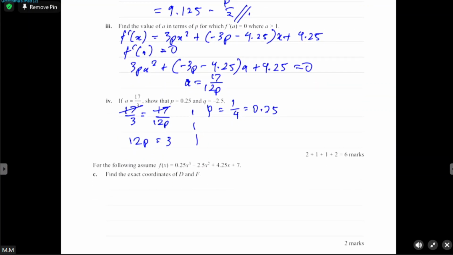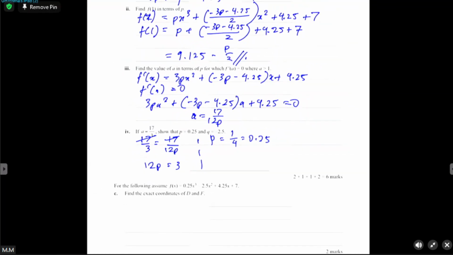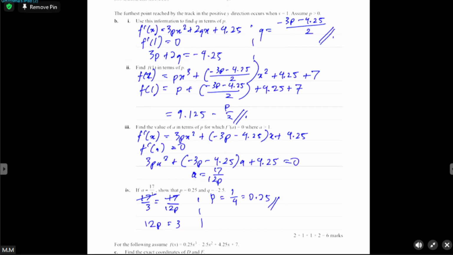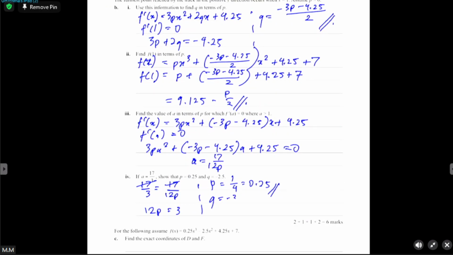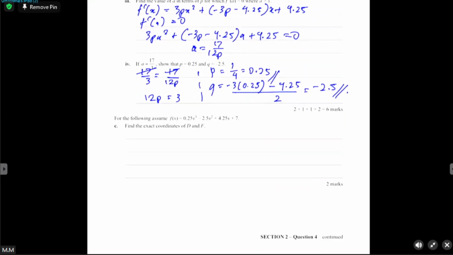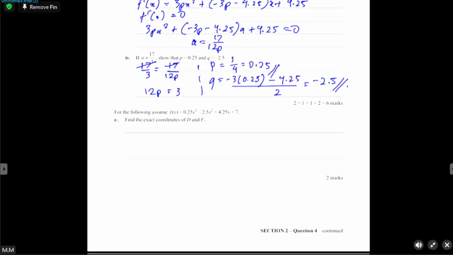When you sub that into q, what's q? q is equal to (minus 3 times 0.25 minus 4.25) on 2, then you get minus 2.5. So here you just define the function and solve.